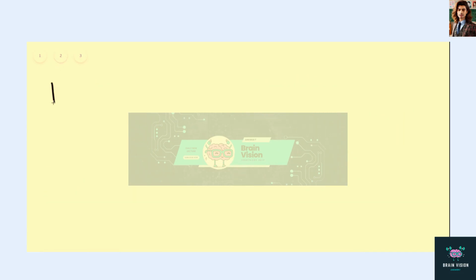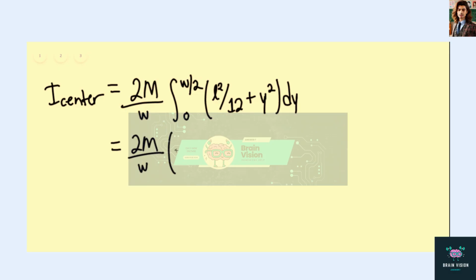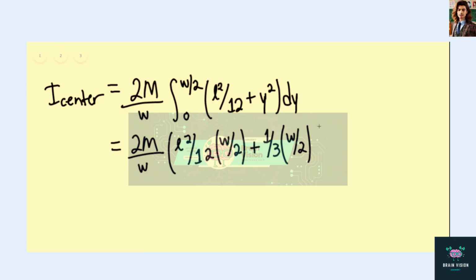And so the moment of inertia through the center would be equaling 2 times m over w times the integral from 0 to the width over 2 of L squared over 12 plus y squared, dy, and this is going to be equaling 2m over w times L squared over 12 multiplied by the width over 2 plus 1/3 times the width over 2 quantity cubed.